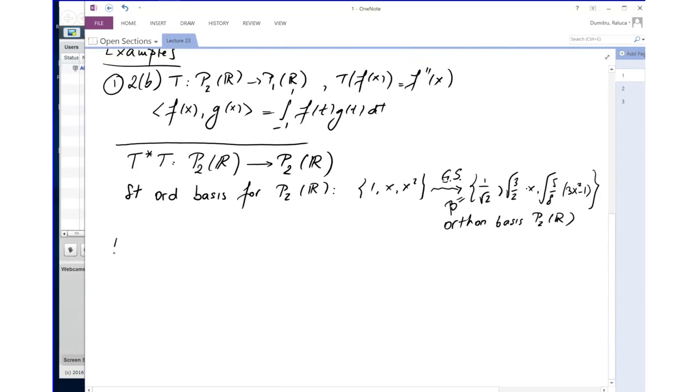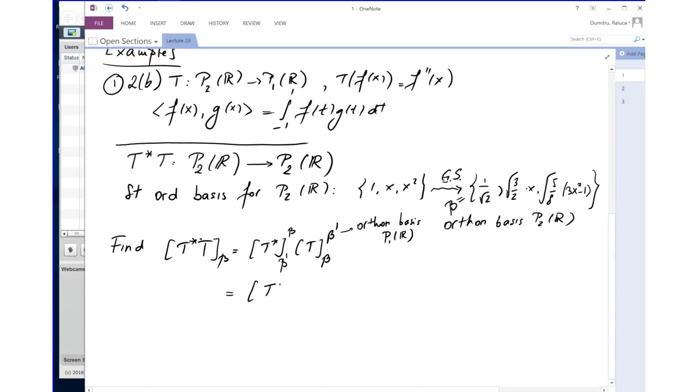All right, so now I want to find the matrix of T star T in this basis, which is the matrix of T star times the matrix of T. I cannot say both in the basis beta because T goes from P2 to P1, so the matrix of T will be from beta to beta prime, where beta prime is an orthonormal basis for P sub 1, and this is from beta prime to beta.